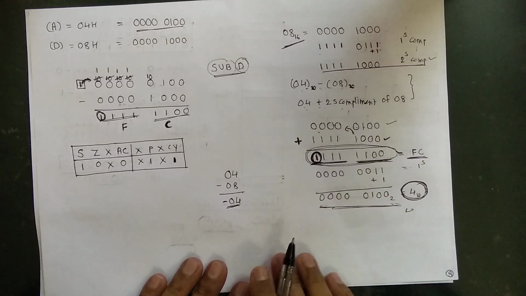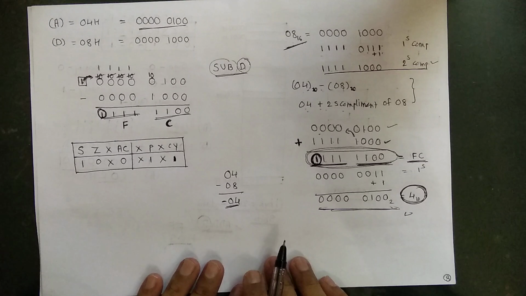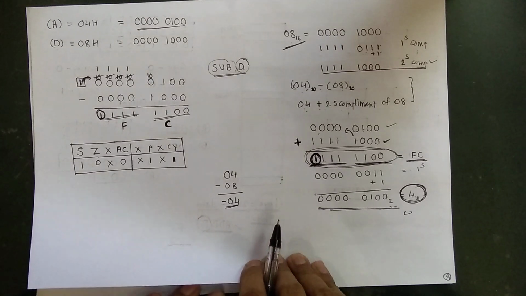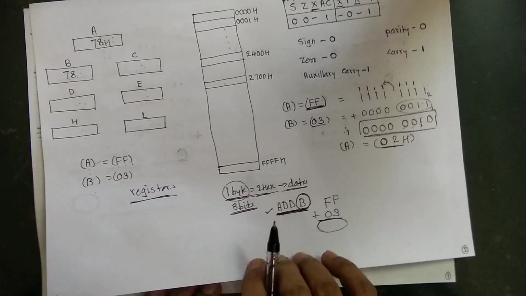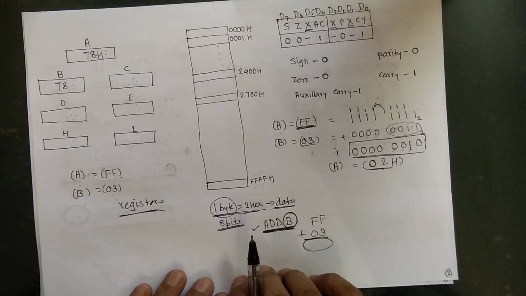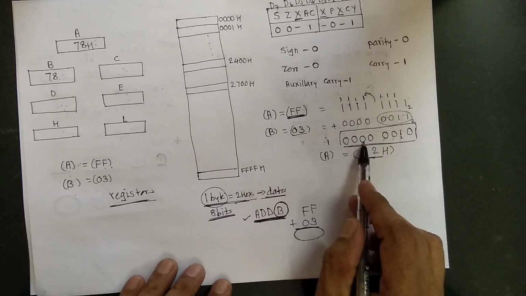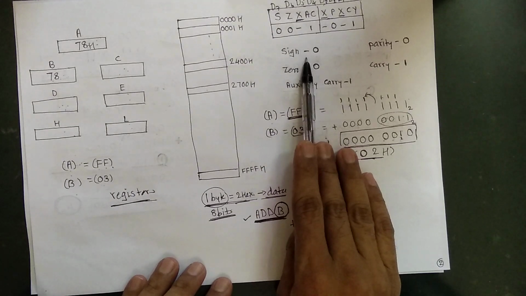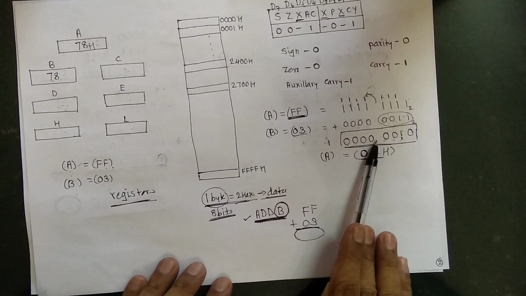Okay, this is all about how the flags are set and reset. Again I will repeat how flags are set and reset. After execution of the instruction, if the answer is negative, the sign flag is set, otherwise reset. If the answer is 0, the zero flag is set, otherwise reset.